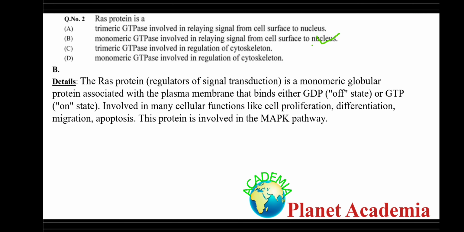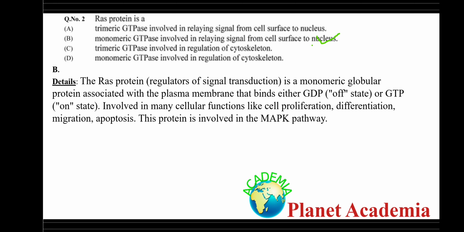See what is the right answer. See, the first option, trimeric GTPase, no. Second option, monomeric GTPase, yes, it can be involved in relaying signal from cell surface to nucleus. Yes, this can be true.